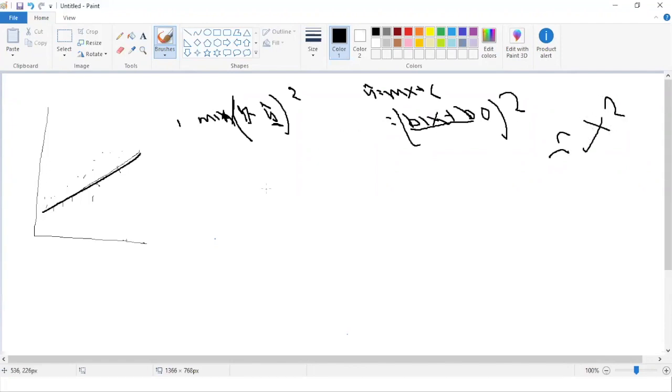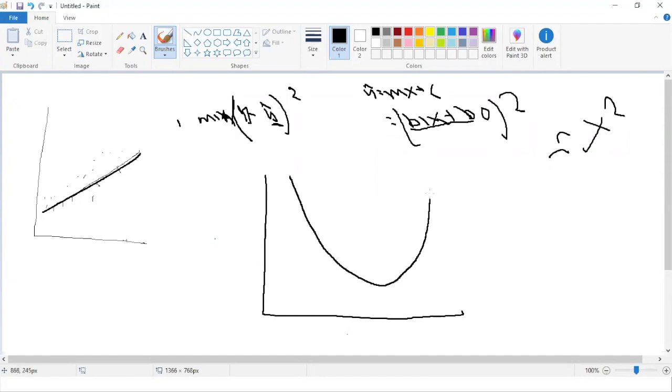So what exactly does the equation of x square look like? This is the equation of x square. If you keep 0 here, then as the value of x increases, y increases. Even for negative values, as x decreases, the value of y increases.